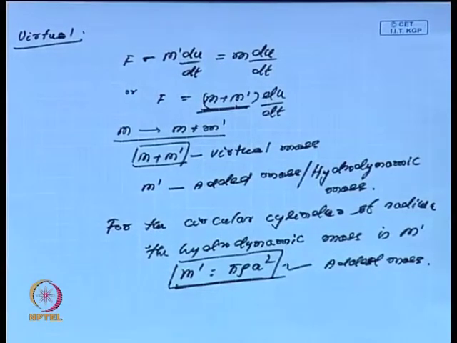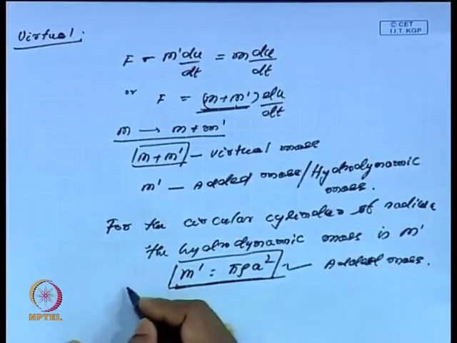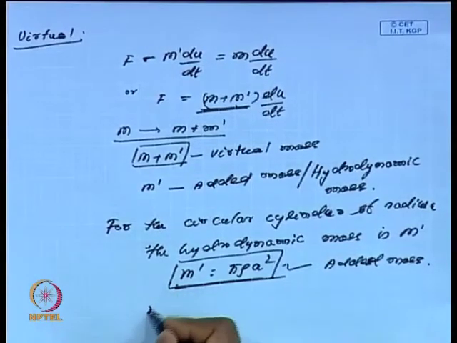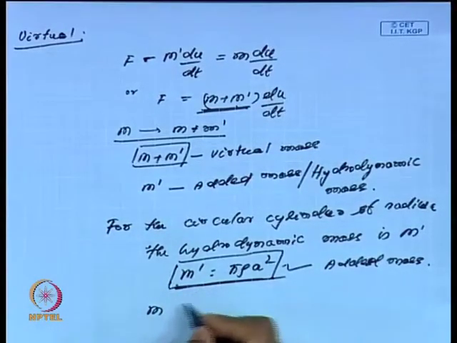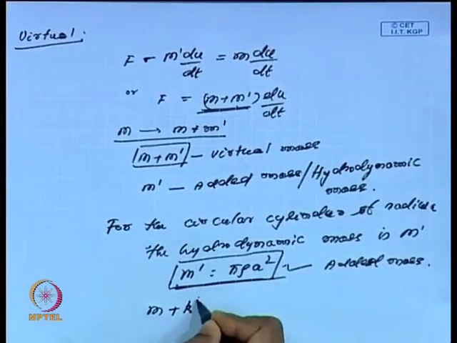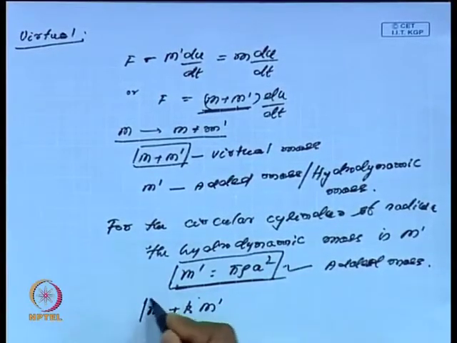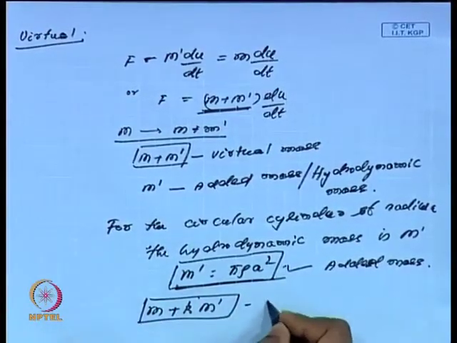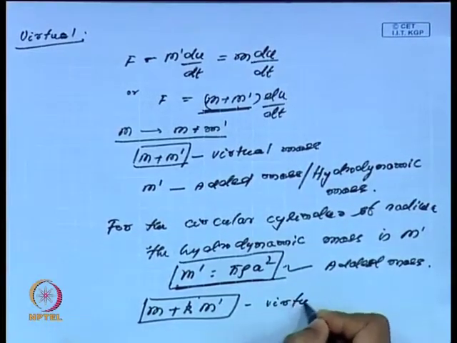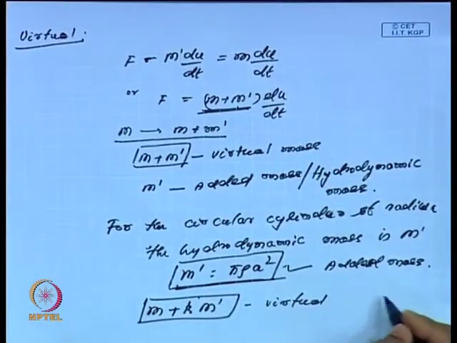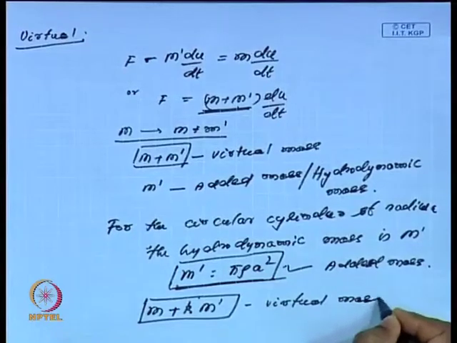In fact, for almost all marine structures, the virtual mass is of this form: m plus k into m prime is the general nature of the virtual mass in almost all hydrodynamics problems.